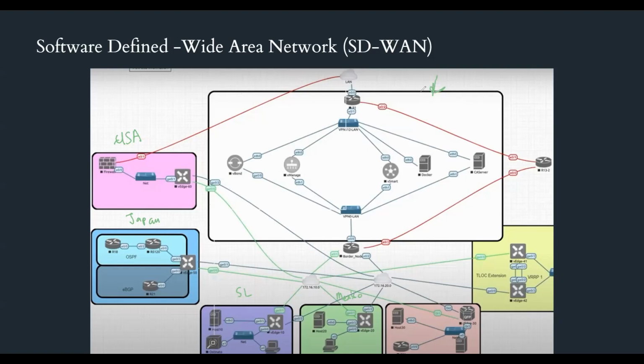In this white box, we have the total functions of the controller, and it is able to control the network traffic in each of these local area networks in different locations in the world. And the controller is able to configure any of the devices in any of the networks.